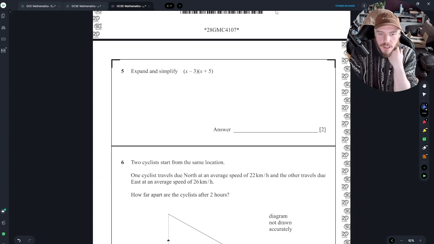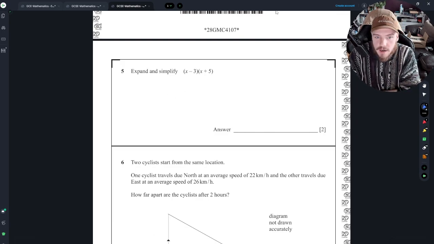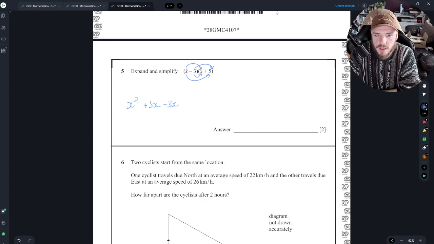All right, so expand and simplify. This is generally your FOIL technique. What I do is outer by inner, outer by outer, inner by inner, and inner by outer. So x by x is x squared, x by plus 5 is 5x, minus 3 by x is minus 3x, and minus 3 by plus 5: remember, a minus multiplied by a positive still gives us a minus, so it'll be minus 15.